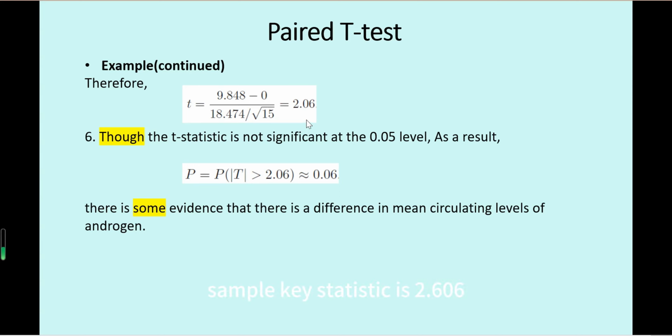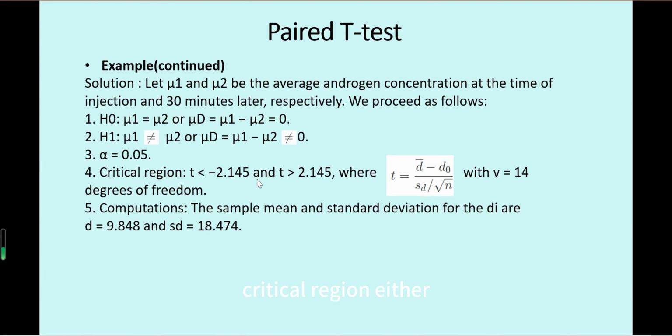The sample T statistic is 2.06. This 2.06 is not in the critical region, because the critical region is either T larger than 2.145 or less than minus 2.145.